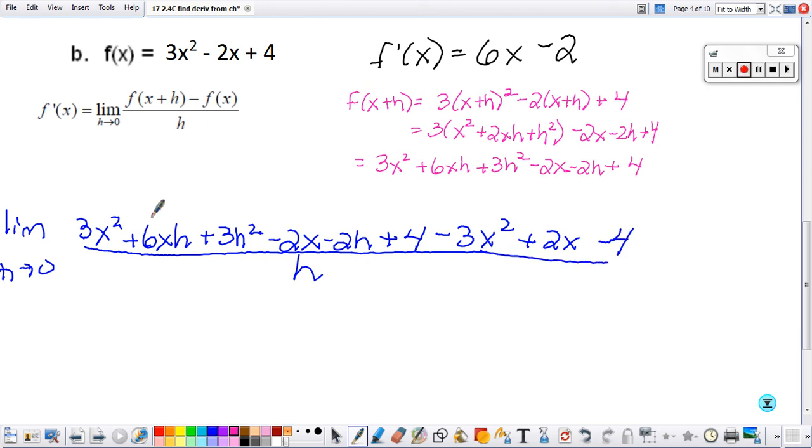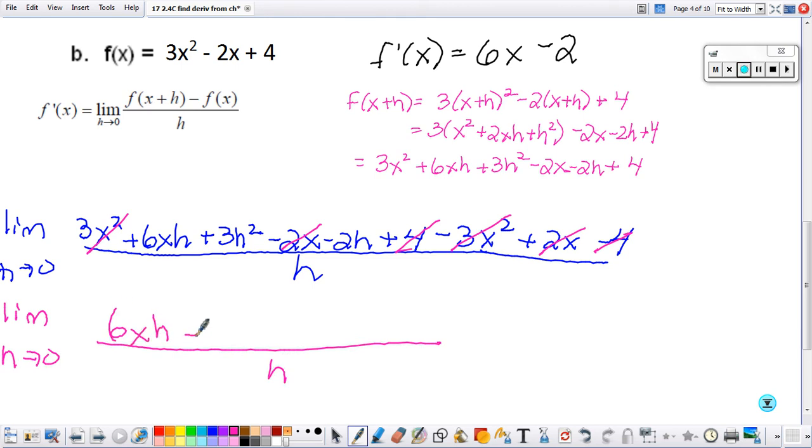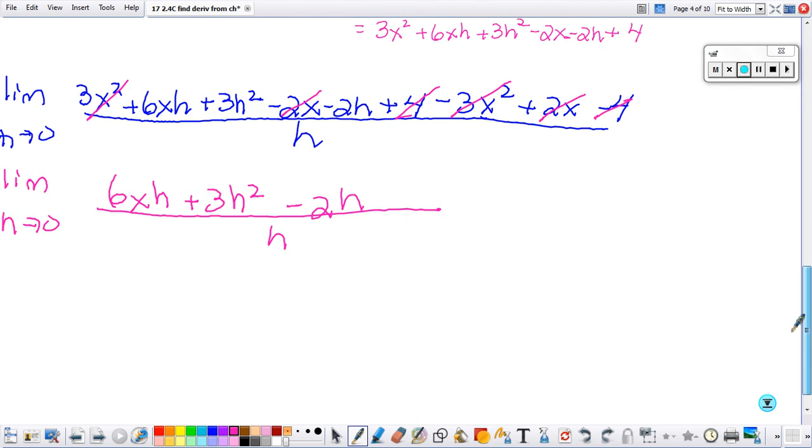And now I want to see, does 3x squared minus 3x squared, negative 2x plus 2x, and 4 minus 4. So what we're left with is 6xh plus 3h squared minus 2h all over h. And now can an h factor out of my numerator?